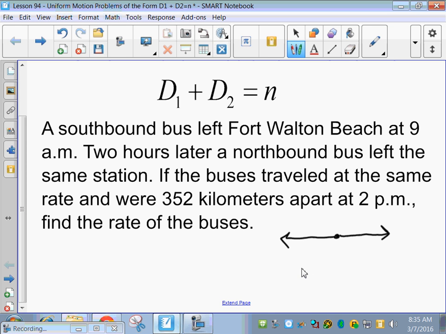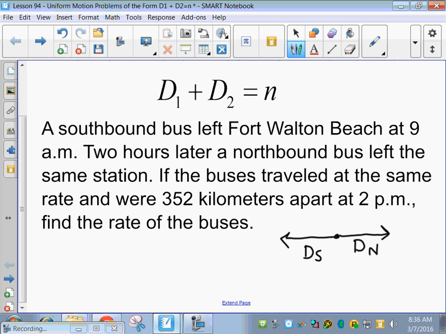And we've got a southbound bus, so I'm going to do distance of the southbound bus. And we've got a northbound bus, so distance of the northbound bus. If the buses traveled at the same rate, and we're 352 kilometers apart at 2 p.m., find the rate of the buses. So it's saying the rates are the same, but let's find what the rates are.